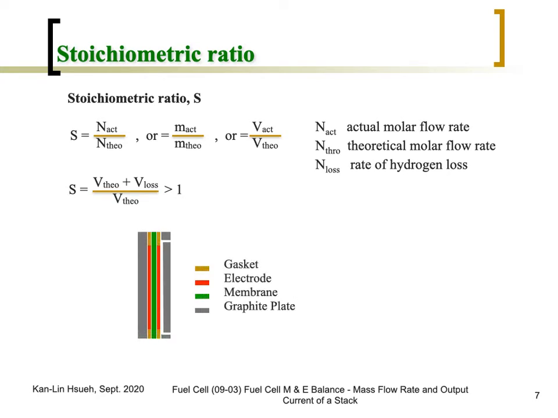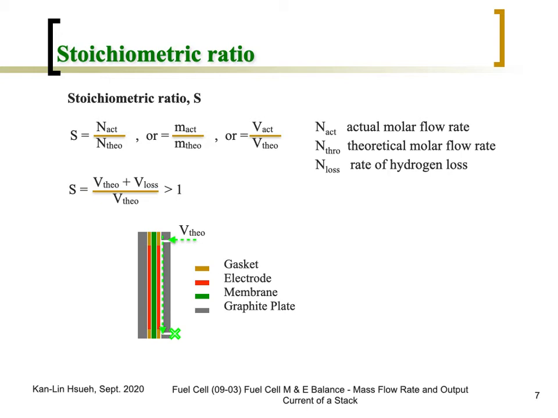We consider a cell. The red part is the electrode, the green is a membrane, and the brown is a gasket or the sealing, and the gray portion is a graphite plate. In the theoretical calculation, we assume the hydrogen gas coming in the cell, and then there's nothing leaking out, it's stopped, no gas out. So this is theoretical flow rate.